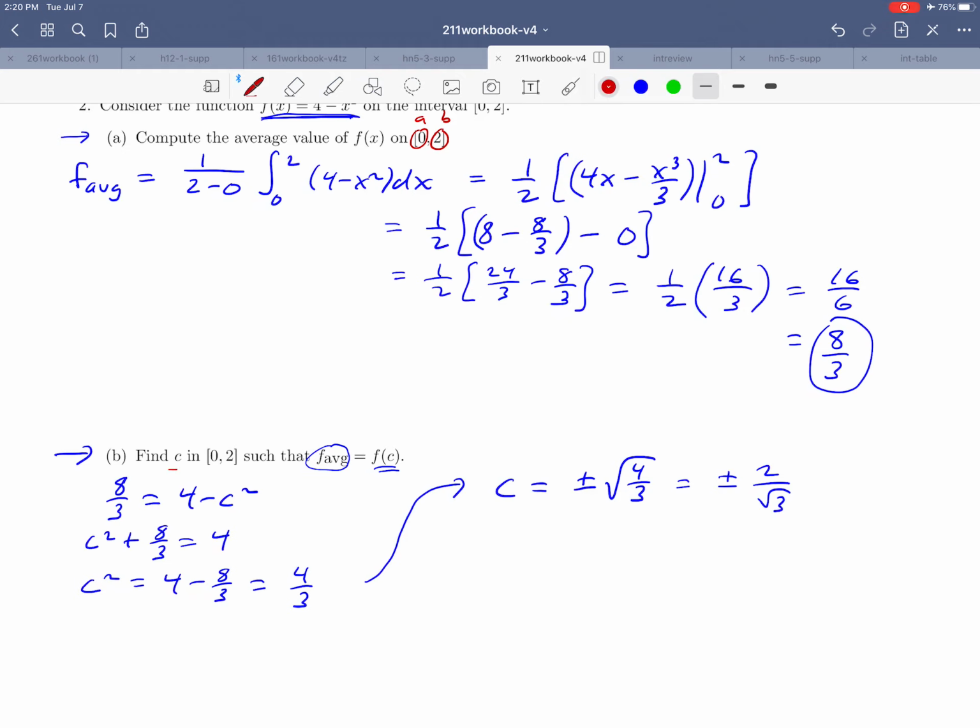Okay, remember that they wanted c to be between 0 and 2. One of those c values is negative, and so it's not going to be between 0 and 2, which means that we can actually throw away the negative one. Okay, so the only c value that's relevant to our problem is the positive square root. 2 over the square root of 3. There's our answer.